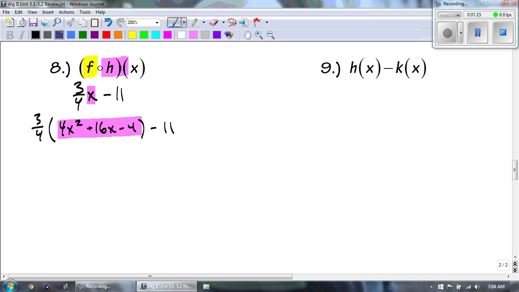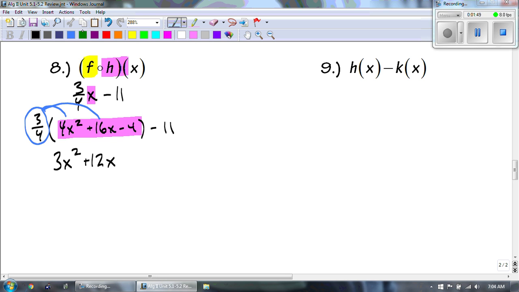So on the outside, I've got this 3/4, and I need to distribute it to everything. 3 times 4 is 12. 12 divided by 4 is 3x squared. 3 times 16 is 48, and 48 divided by 4 is 12.